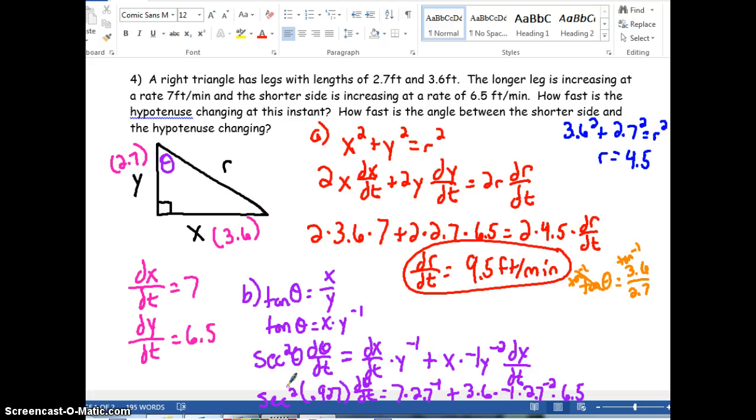When you type it in, it has to be parenthesis, cosine, 0.927, close the parenthesis for the 0.927, close the parenthesis for the cosine, and then square. When you do that, you get d theta over dt equal to -0.222 radians per minute.